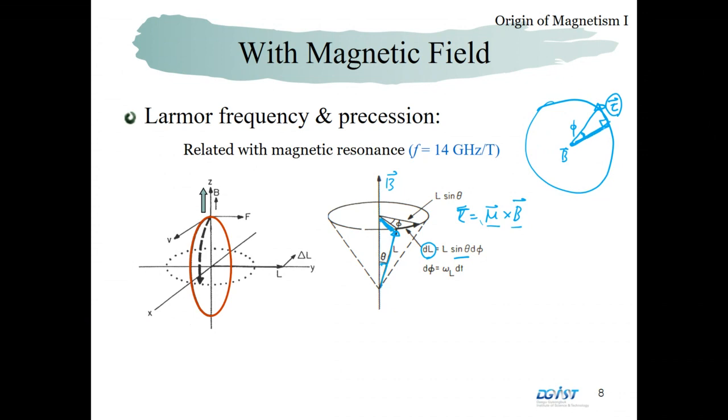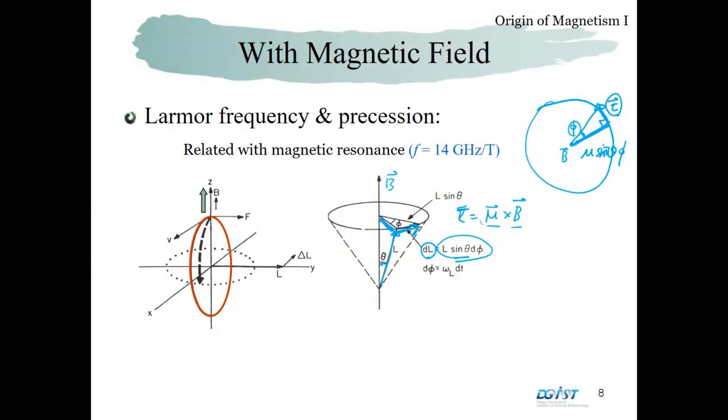This is nothing else but this one, so this is actually mu sine theta. And this length, if the phi is small enough, we can multiply phi here. So this is the length of this arrow.